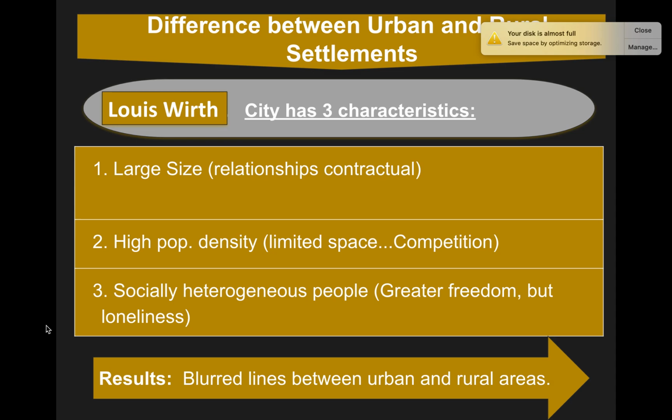But recently, when we look at his theory today, urbanization is too hard to define because there are several reasons why it's not true. If we look at urban-rural differences, the social heterogeneity is blurred. It's not as clear as it was in the 1930s.